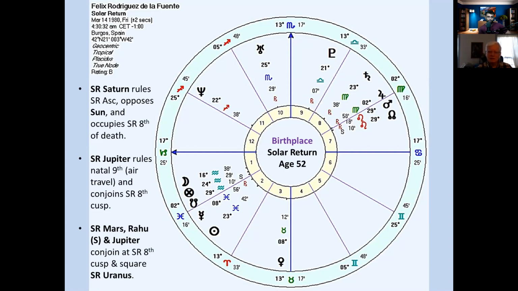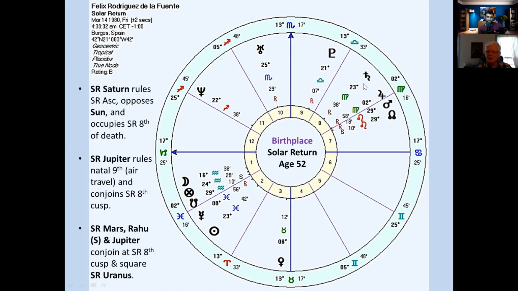And then Jupiter, which ruled his natal 9th house, is right on the cusp of the 8th house, pretty much exactly. And it's very close to Mars. Mars is the lord of the profected ascendant. So he's got this very tight Jupiter Mars conjunction across signs in tropical. They'd be in the same sign in sidereal.